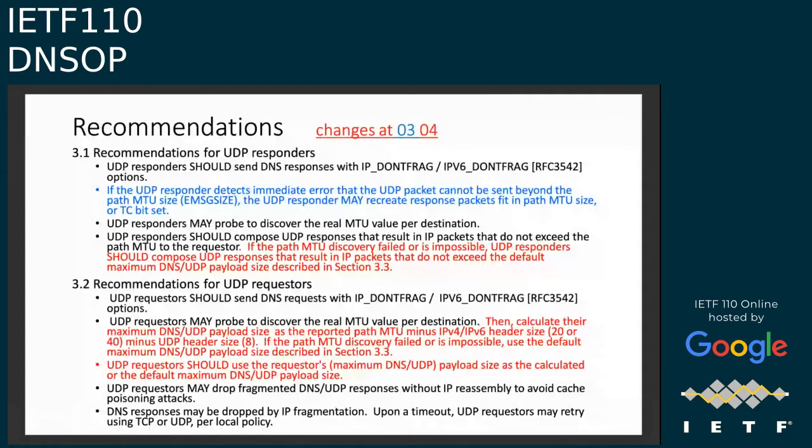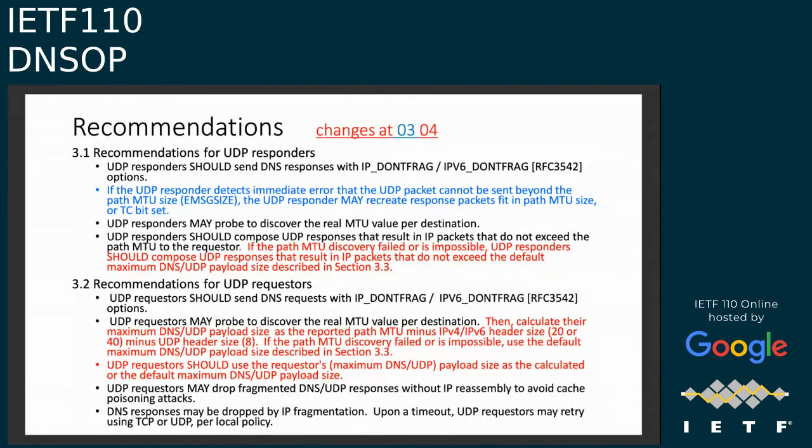These are updates of the recommendation section. The blue part is a change at 03. If the UDP responder detects an immediate error that the UDP packet cannot be sent beyond the PathMTU size, EMSGSIZE, the UDP responder may recreate response packets to fit in PathMTU size or with the TC bit set.